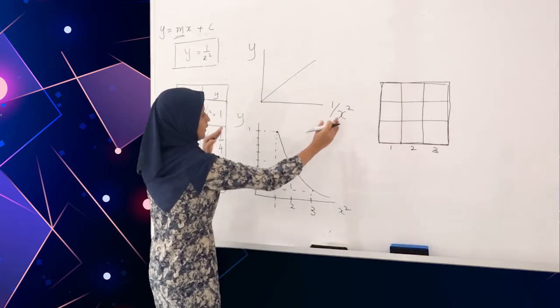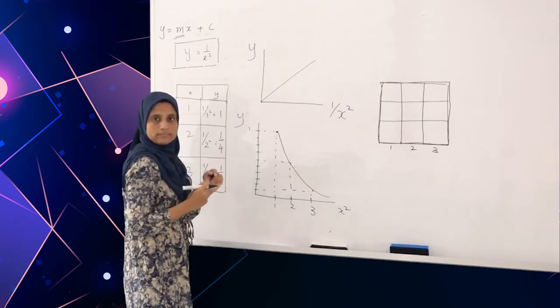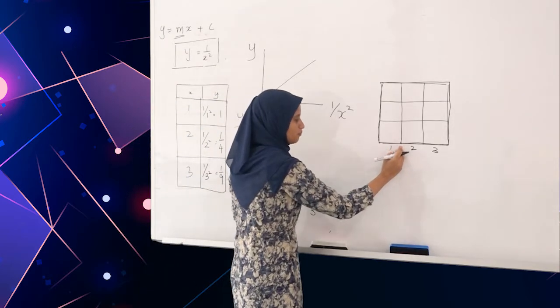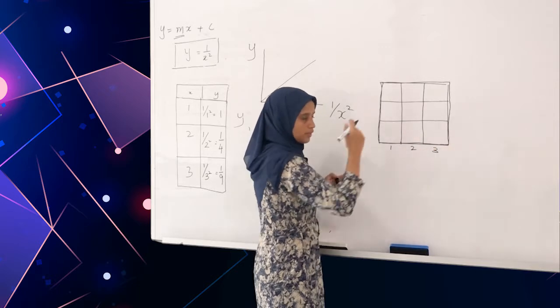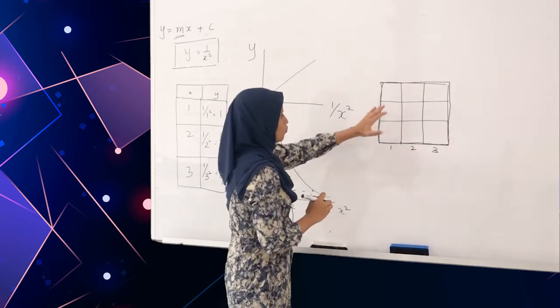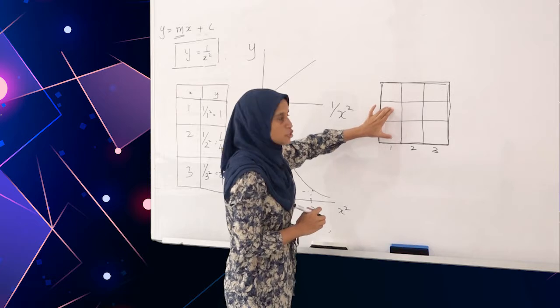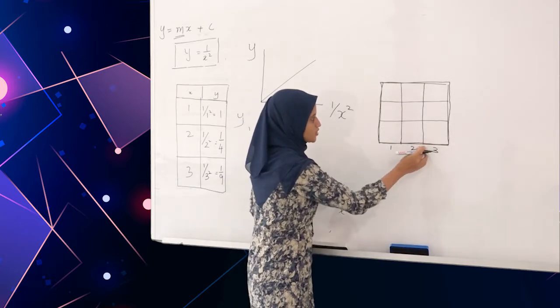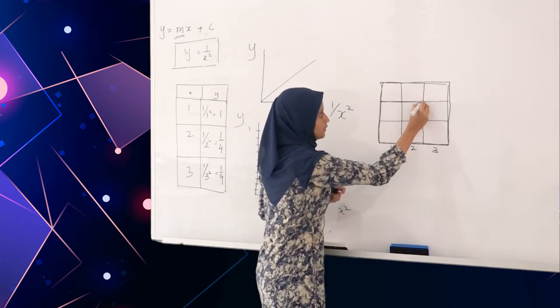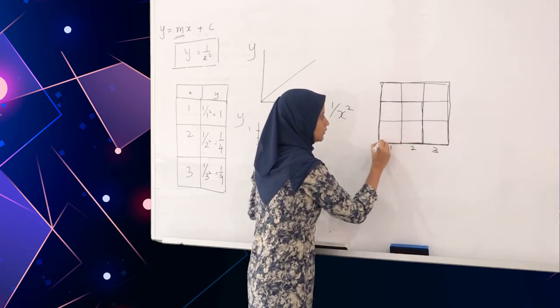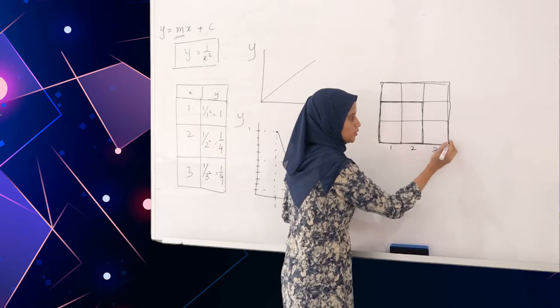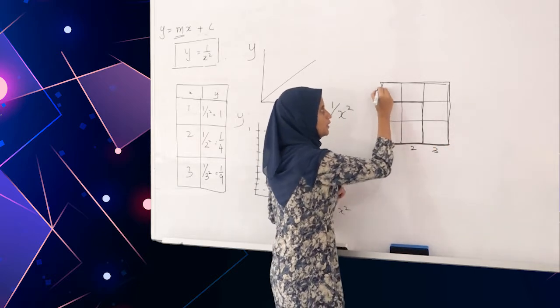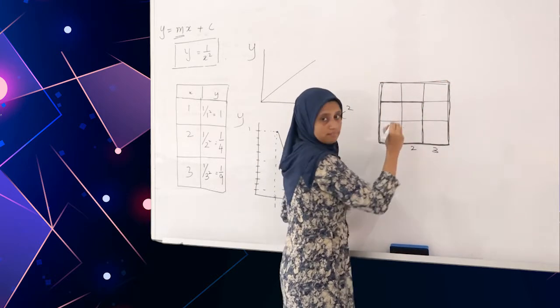Let's say x is a value that is increasing by 1 unit, by 1, by 2, by 3. Now, what does this visual representation show? If you increase x to 2, this will be the y. If you increase x to 3, this will be y.